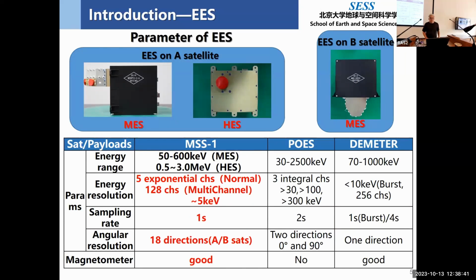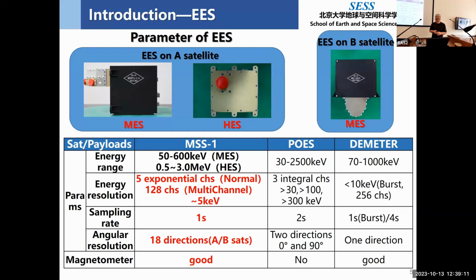This is a parameter comparison with other similar instruments. We compare with the MEPD and Demeter IDP. The energy range is almost the same, but our energy resolution is a little bit higher.